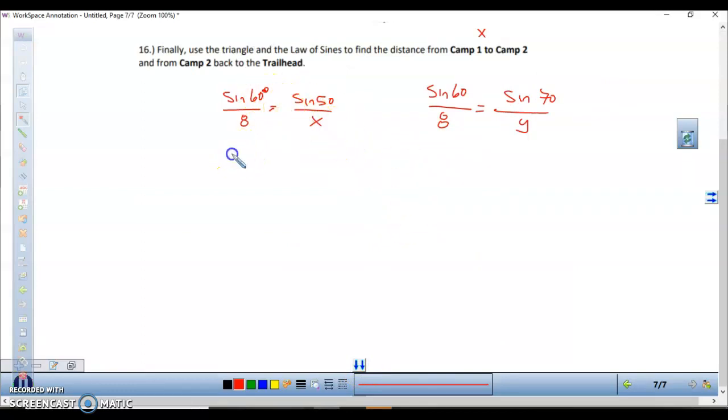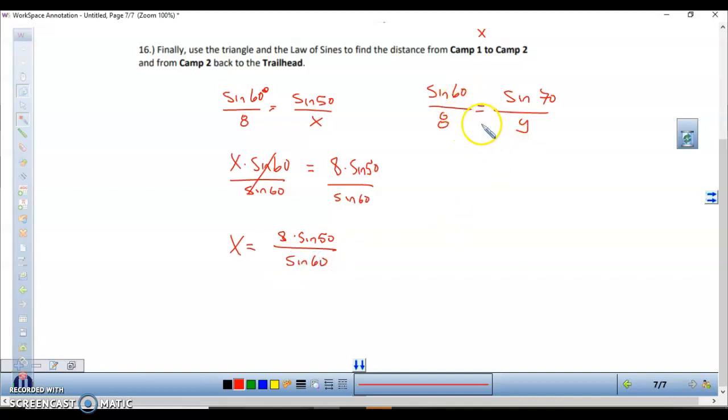So here we go. This is x times the sine of 60 is equal to 8 times the sine of 50. Divide both sides by the sine of 60. And I get that x is equal to 8 times the sine of 50 divided by the sine of 60.